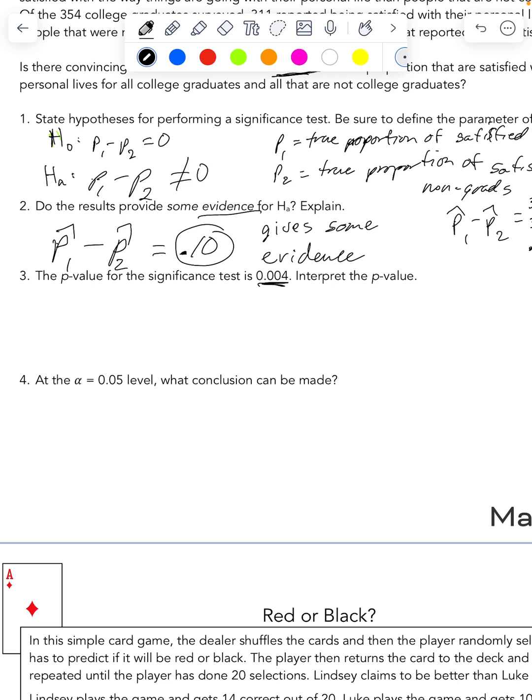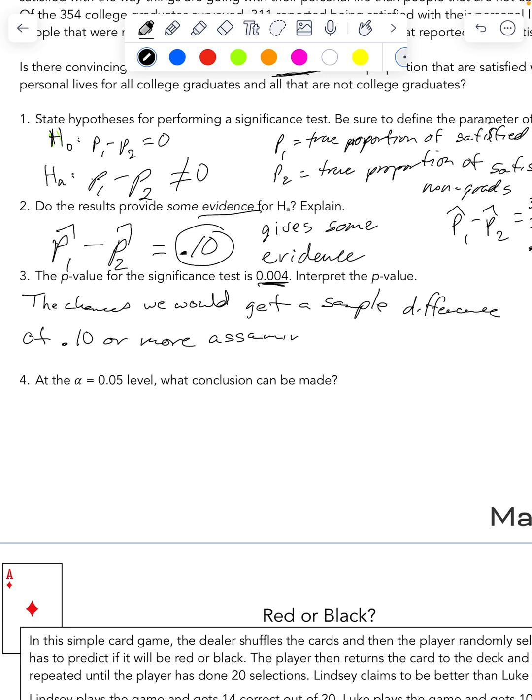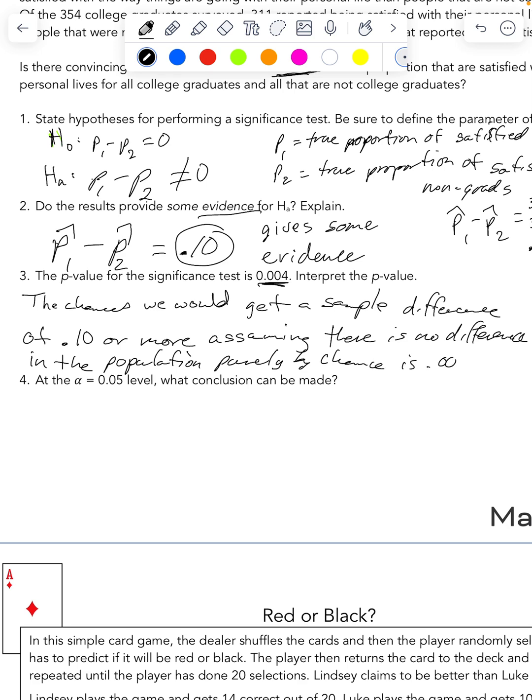It means the chances we would get a sample difference of 0.10 or more, assuming there is no difference in the population, purely by chance, is 0.004.